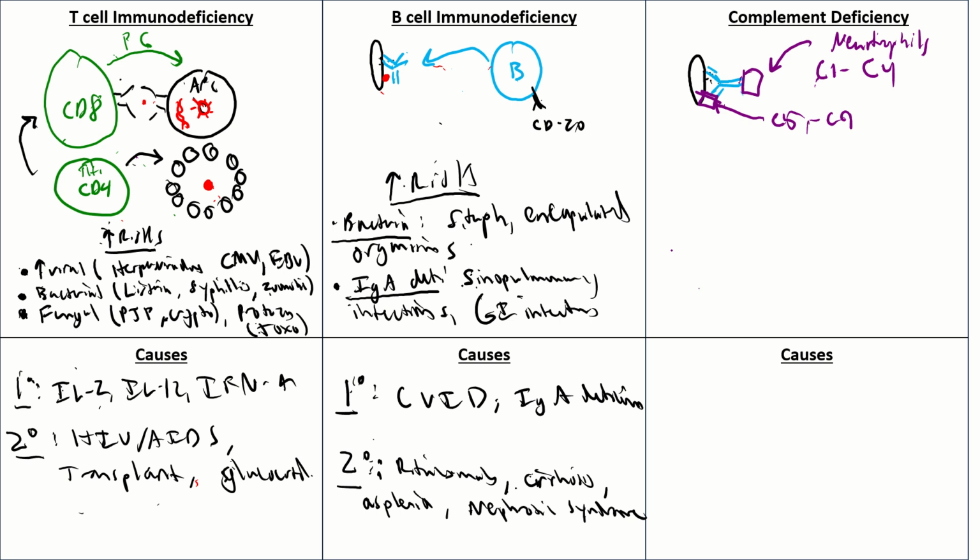So you'll see some abnormalities, and there's a difference between early complement and late complement in what infections they put you at risk for. So early complement is basically similar to B-cell immunodeficiency. You get risk of encapsulated bacteria as well as staph. The other thing that you may see with this is actually increased risk for lupus.